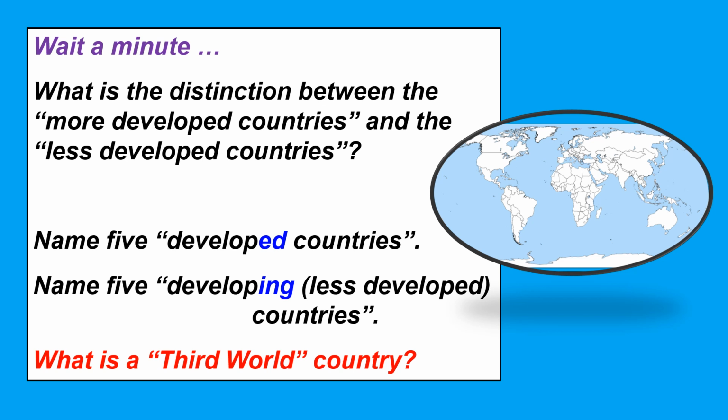So if you named a country in sub-Saharan Africa, a country like Democratic Republic of the Congo, or Namibia, or in Latin America, Guatemala or Honduras, or Haiti is one of the poorest countries in the world. And in Asia, Afghanistan is probably the world's poorest country.